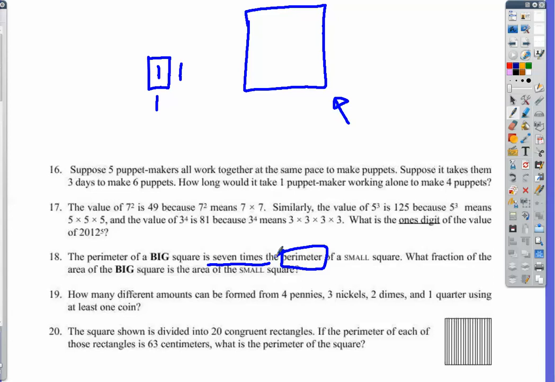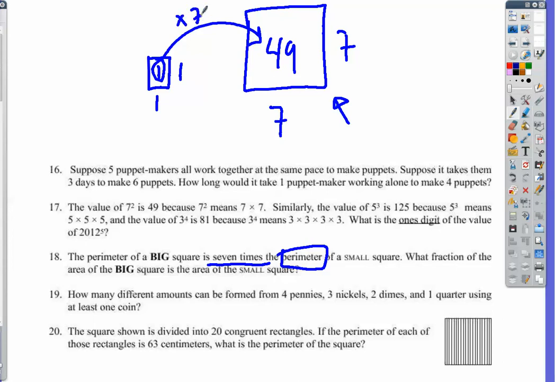So, yes, Campbell, you are right. This side length is 7 and this side length is 7. Therefore, the area of the square is 49. And what did I multiply this 1 by to get 49? I multiplied it by 7.